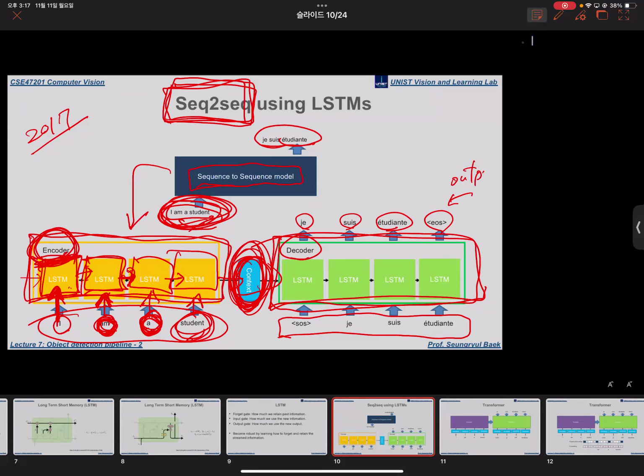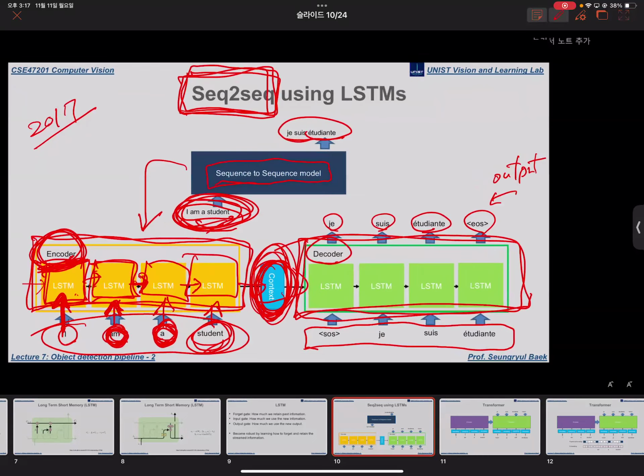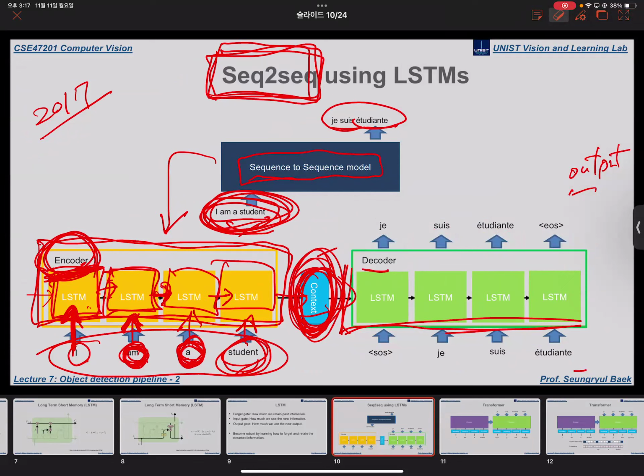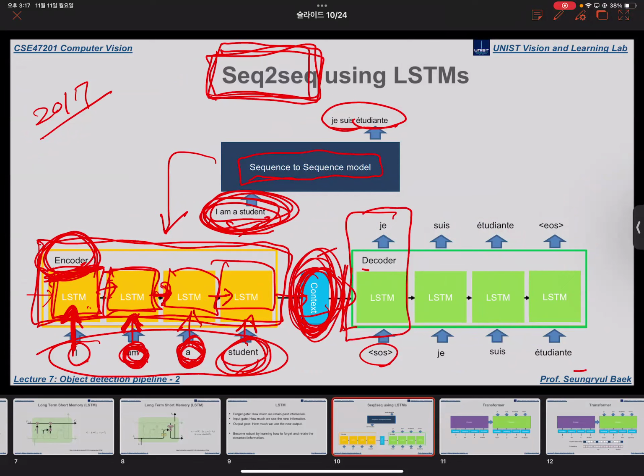Okay, and what they do here is, at the first step, they don't have any input. Here, they only have this SOS, which means they will start the translation.